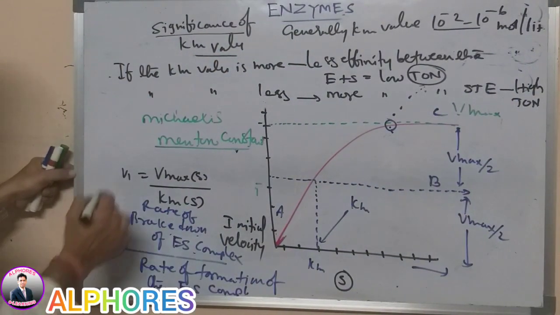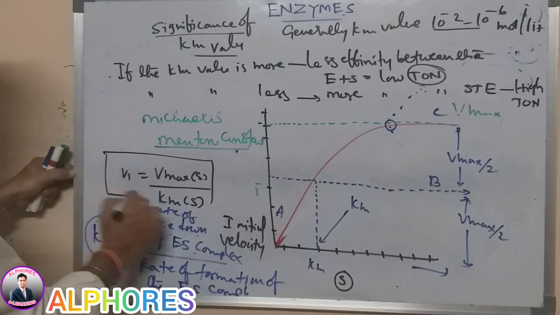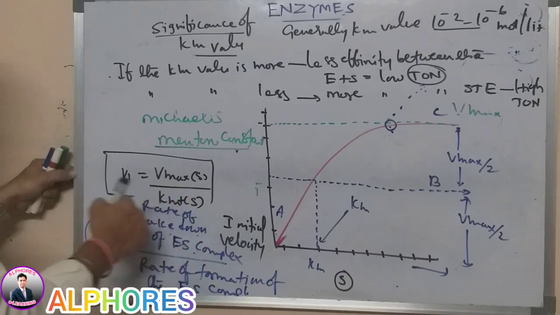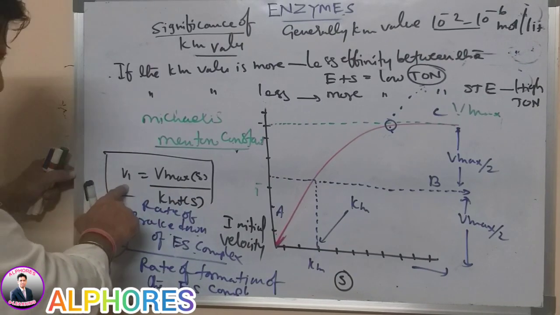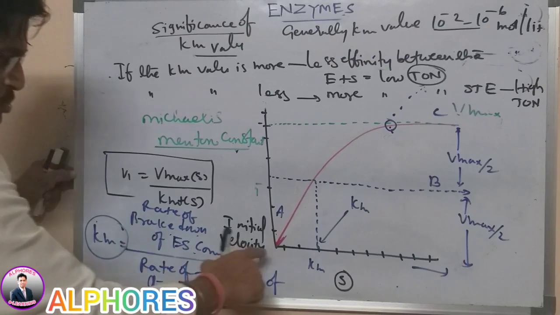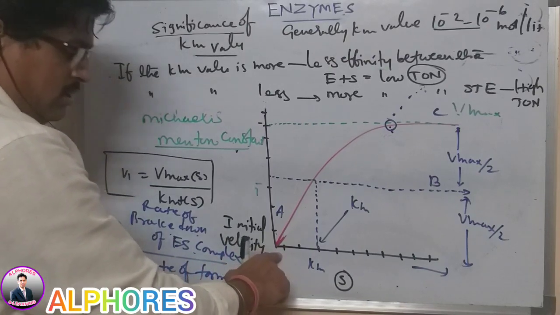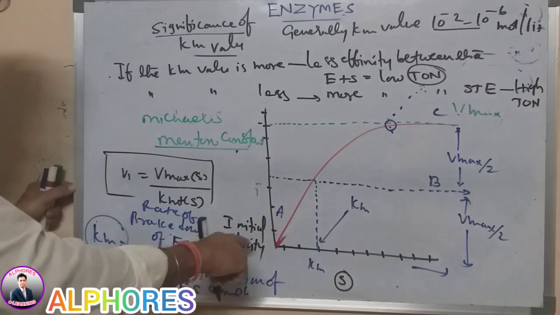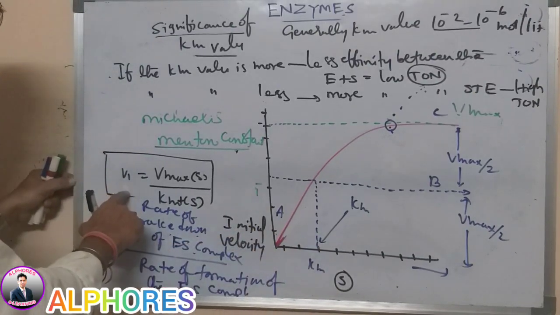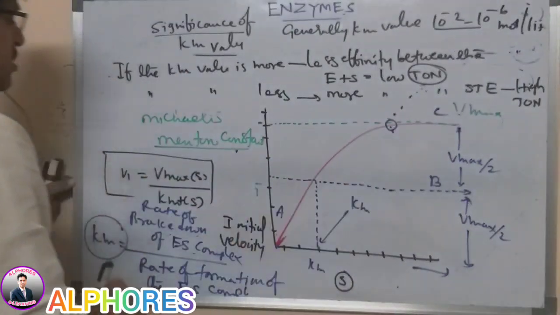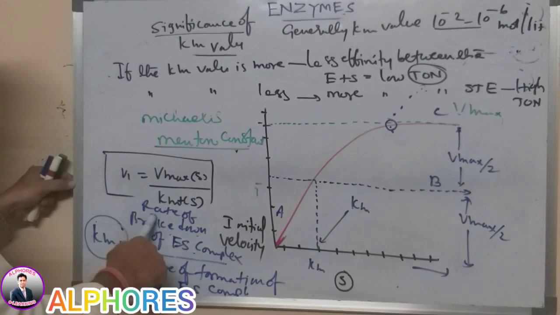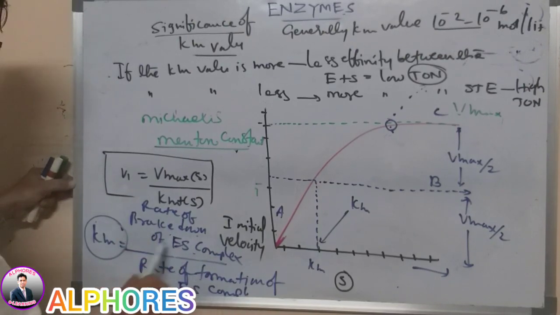Here the Km value principle is V1 equal to Vmax substrate divided by Km plus substrate. V1 is the initial velocity of the reaction where the substrate starts converting into products due to the action of the enzyme. Vmax is the maximum velocity, and Km is the Michaelis-Menten constant, the rate of breakdown of the enzyme complex by the rate of formation of the enzyme complex.